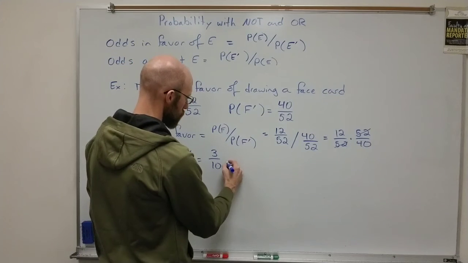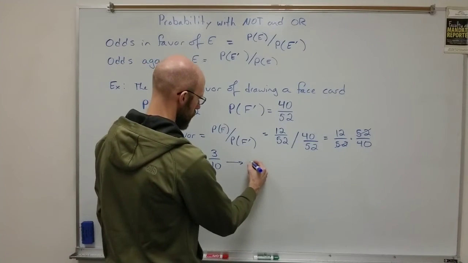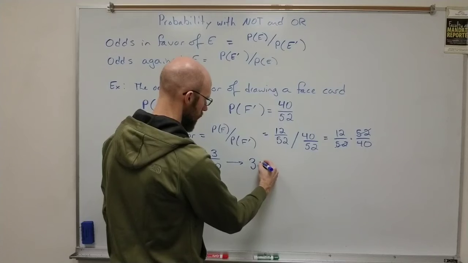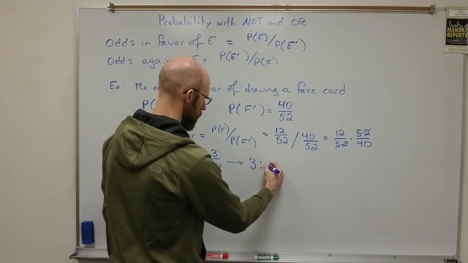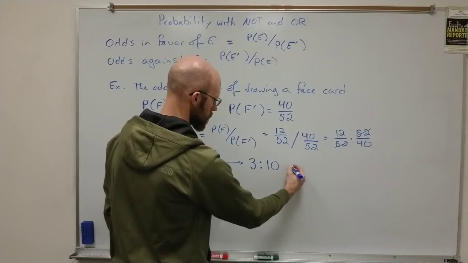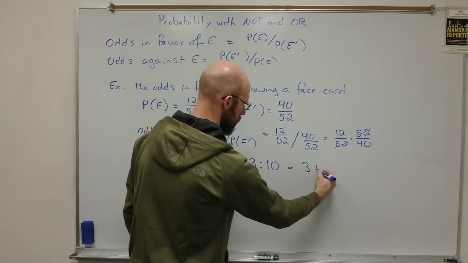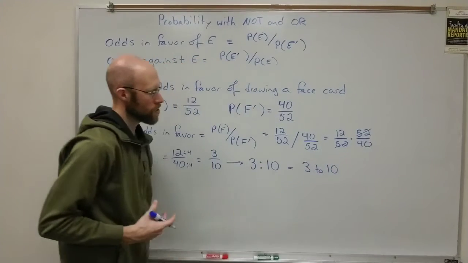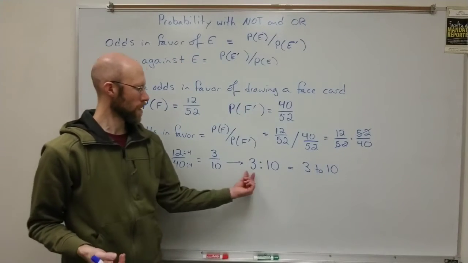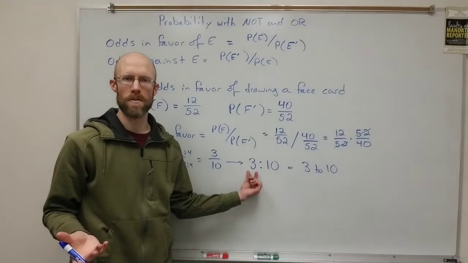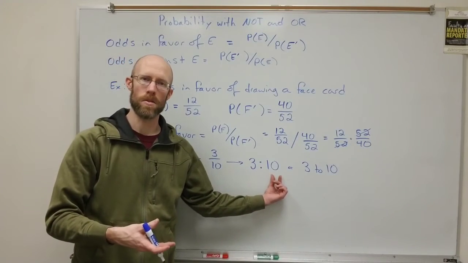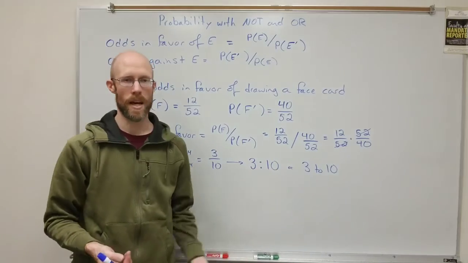The way that we usually represent that is we write the odds with a colon separating them, or we say 3 to 10. That essentially means that there are 3 ways to get a face card and 10 ways not to. So the odds in favor are 3 to 10.